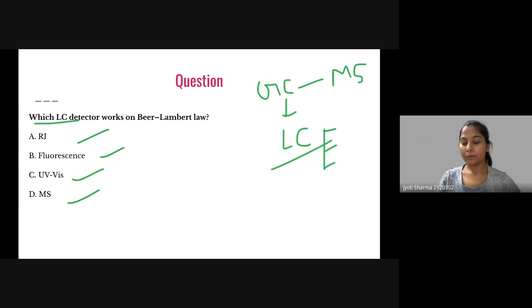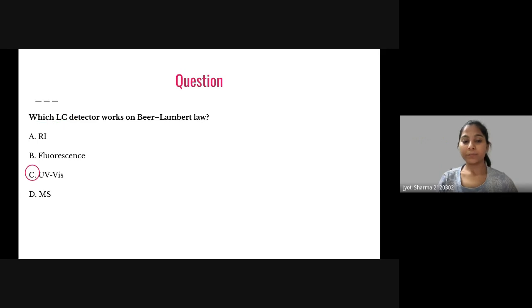I already have got the response from Priti, that is C. Yeah. So if we are talking about the ultraviolet visible detector, then yes, this works on Beer Lambert law. And this Beer Lambert law is saying what?